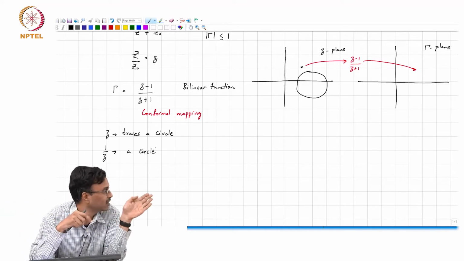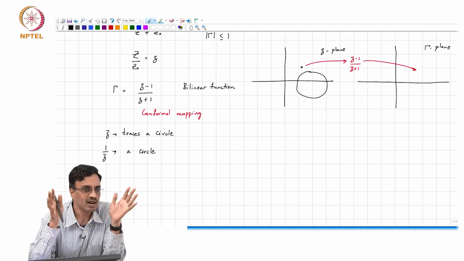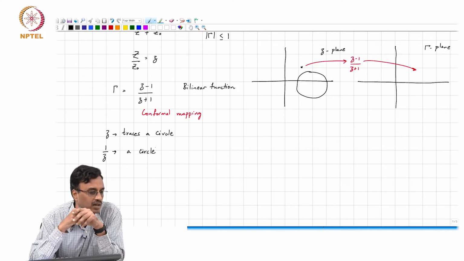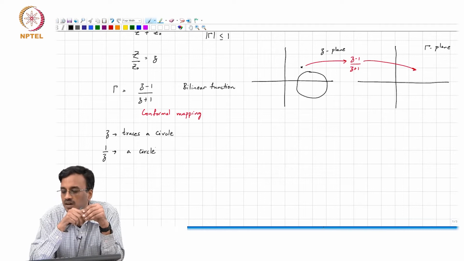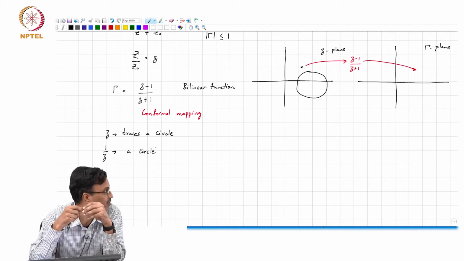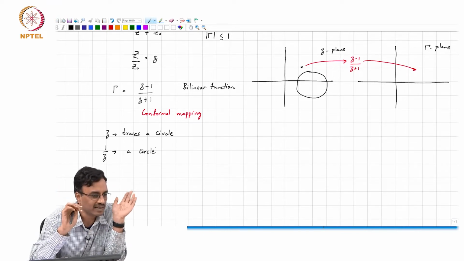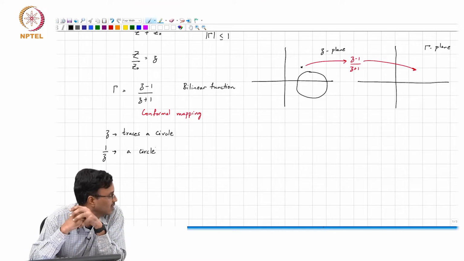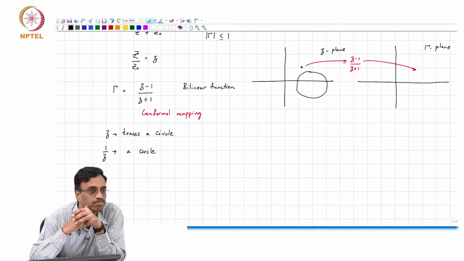I mean, a straight line in z can become a circle in 1 over z and vice versa. But the key point is to remember that 1 over z will simply be a circle if z is a circle. Now, this can be easily proven, and I leave it to you as an exercise, right? But this is one of those facts of life that is good to remember.